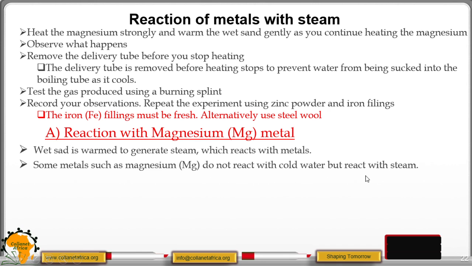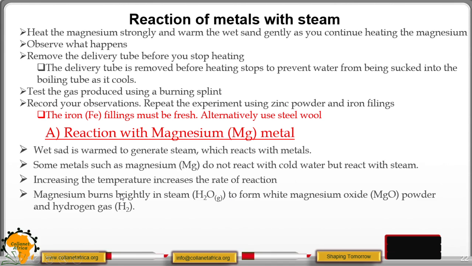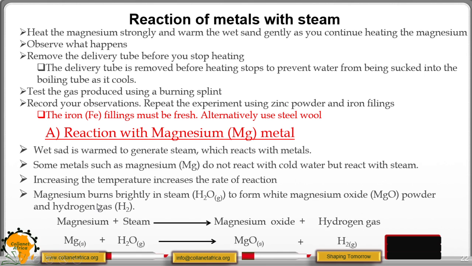But it can react with steam. If you increase the temperature, it increases the rate of reaction. Magnesium burns brightly in steam to form white magnesium oxide powder and hydrogen gas.